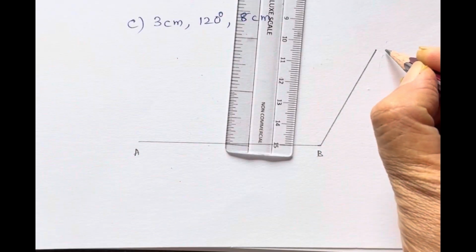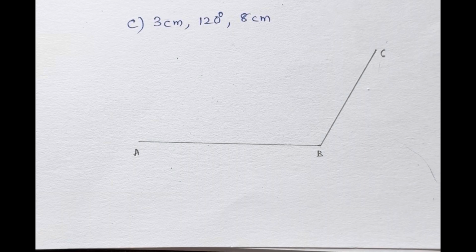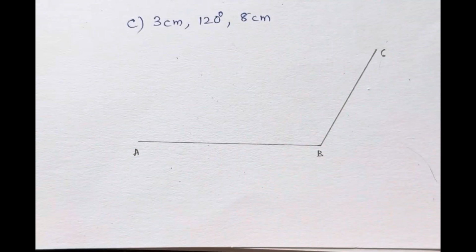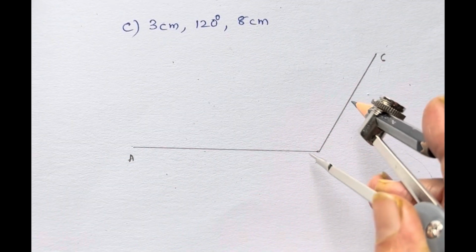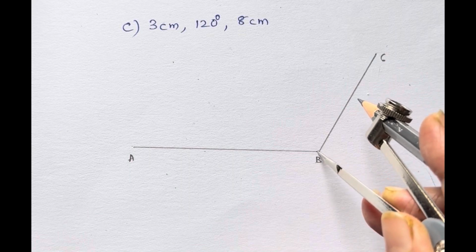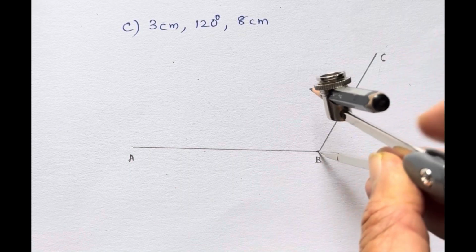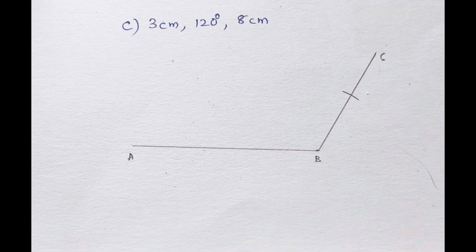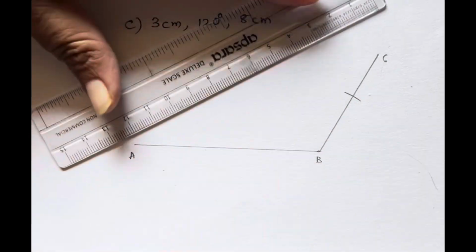And join BC. Fine. Now the third length is 3 centimeter. So we already measured 3 centimeter in the previous. So that's ready. I'm just now taking B as a center. We cut the arc with radius 3 centimeter and join these points.